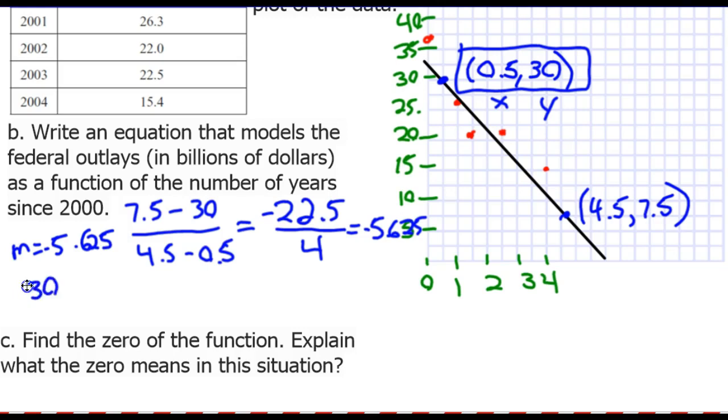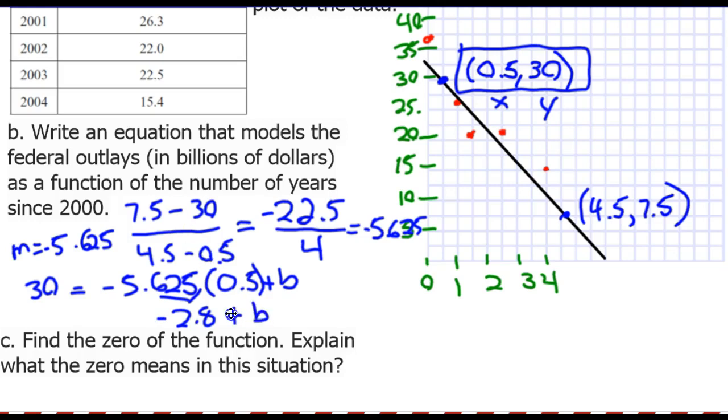So I have 30 equals a negative 5.625 times 0.5 plus b. If I multiply these together, I get about negative 2.8 plus b equals 30.